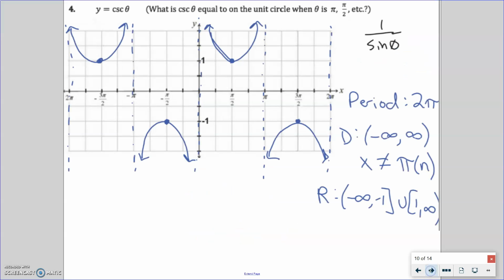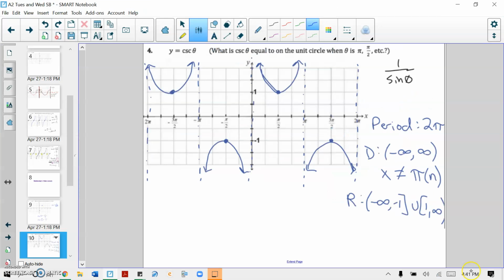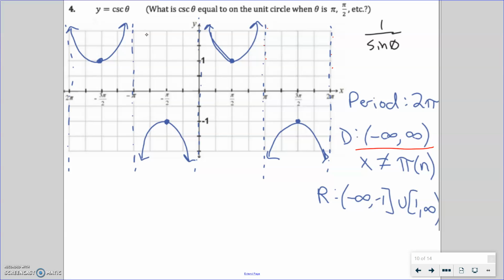So here is the answer to question number 4. Again, the domain is kind of goofy because even though the domain is negative infinity to infinity, there are all these asymptotes right here, and that same issue happened with tangent. How am I supposed to say this is where it doesn't work? So we basically say n is the number that's in front of the cosecant of theta.